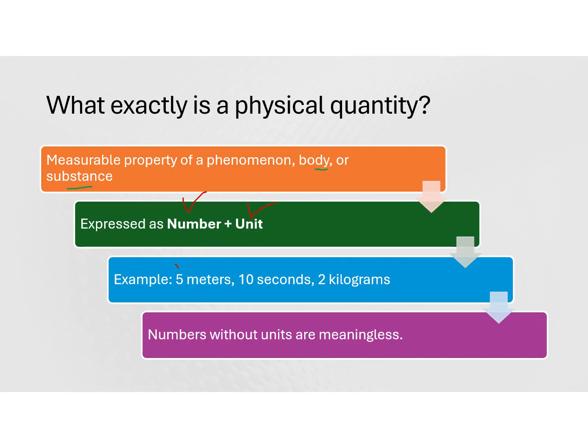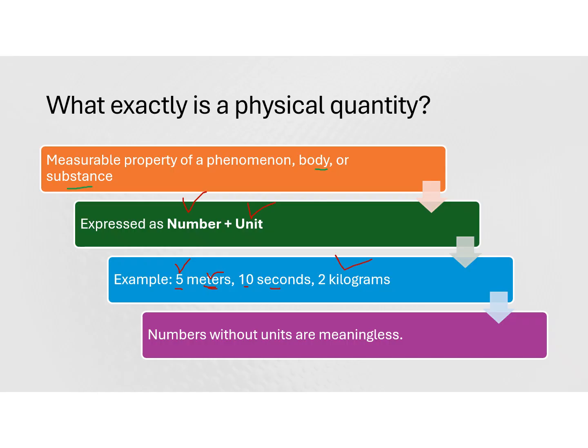Like 5 meters. Here 5 is the number and meter is the unit of length. 10 seconds. 10 is the number and second is the unit of time. And similarly 2 kilograms, where 2 is the number and kilogram is the unit of mass.